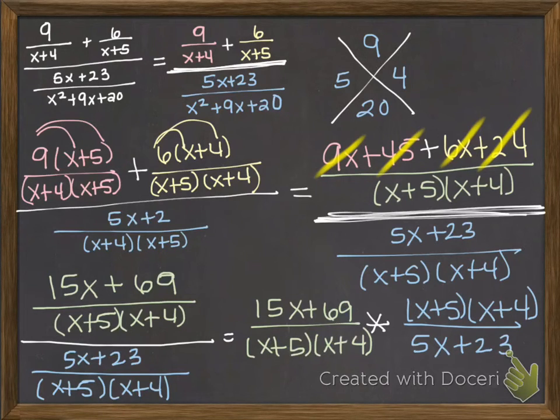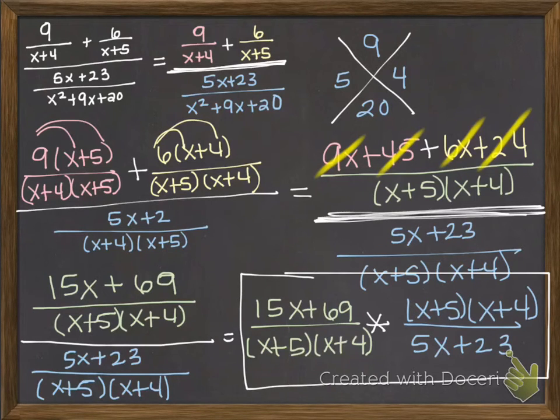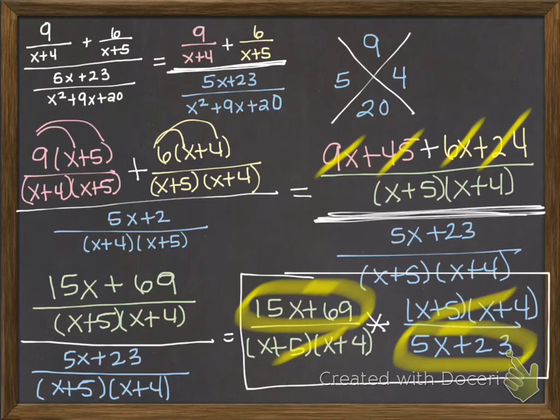Okay, so now I have this new expression to work with, and I can see that this denominator and this numerator will cancel, leaving me with just this numerator and this denominator. So I'll move to the next slide and write that.